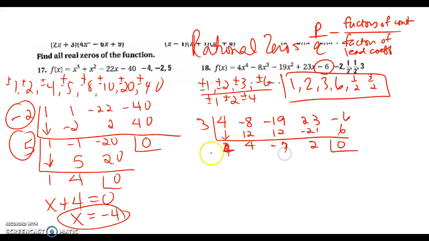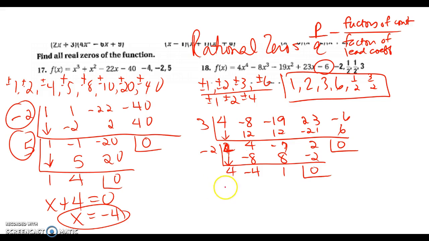I'm still at an x to the third, so if I look at my graph again, I think I can use -2. I'm reading that off my graph. 4, that's -8, add it up, 8, add it up, -2.